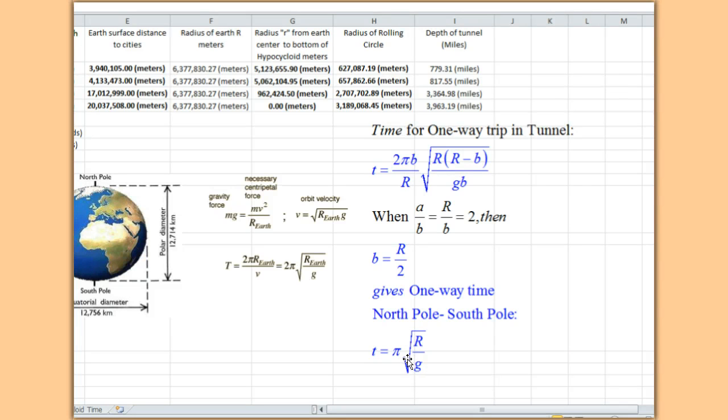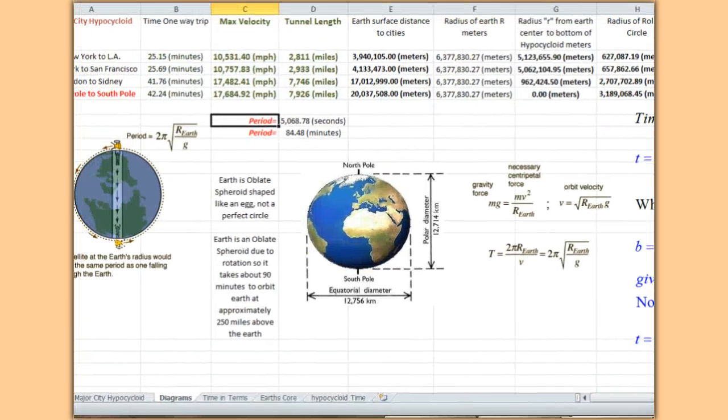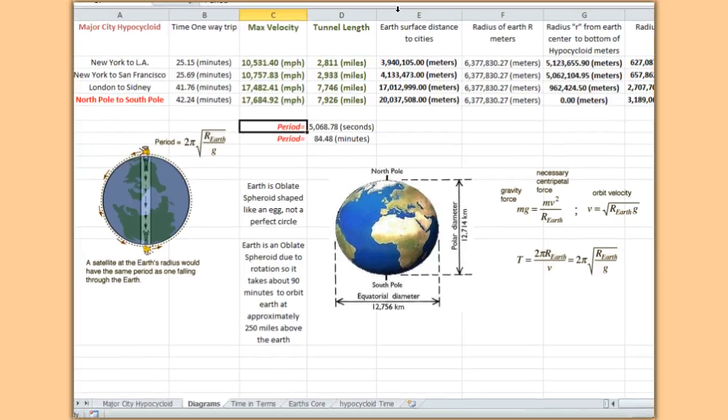And to go back up is the same thing, so that's 2 times that. So that's equal to 2 pi times the square root of r divided by g, which is the same as the period here, right there. So the hypocycloid equation gives the period to circle the Earth, the time to orbit the Earth.